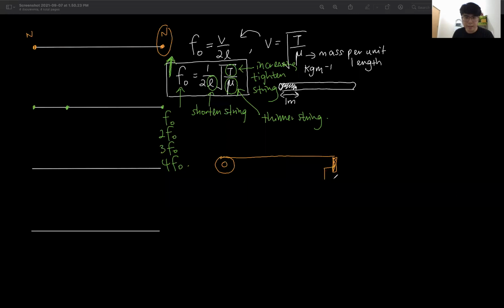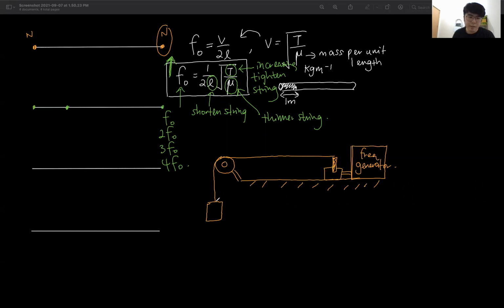One end I connect to a frequency generator, a vibrator. This frequency generator means that I can make it vibrate at any frequency that I want. And here at the end, I attach a mass, a weight, W.